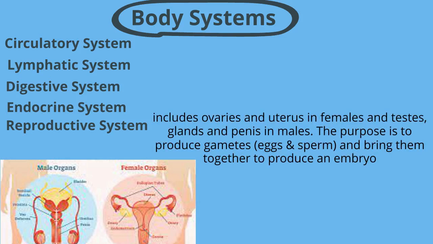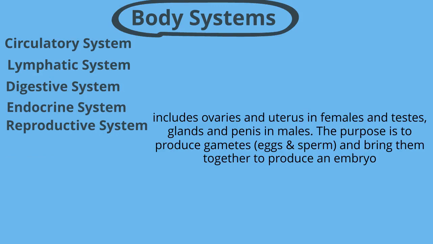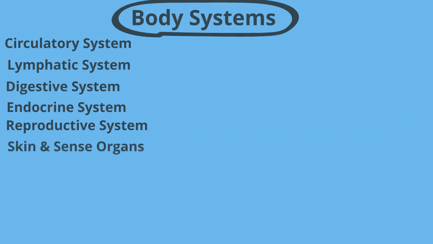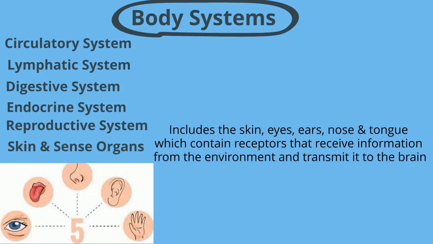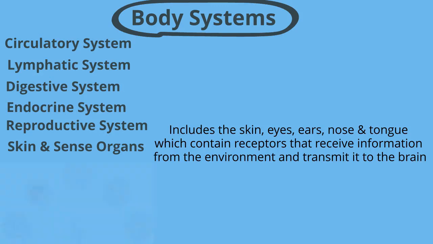The purpose is to produce gametes, eggs and sperm, bring them together to produce an embryo, and allow it to develop until birth. The skin and sense organs includes the eyes, ears, nose, mouth, tongue, and the skin, which contains receptors that receive information from the environment and transmit it to the brain.